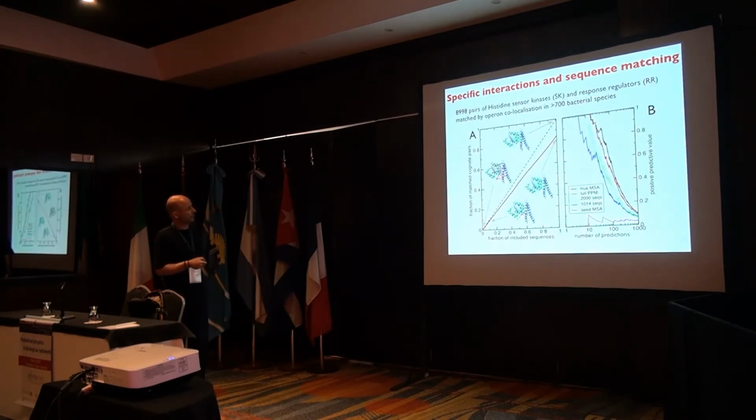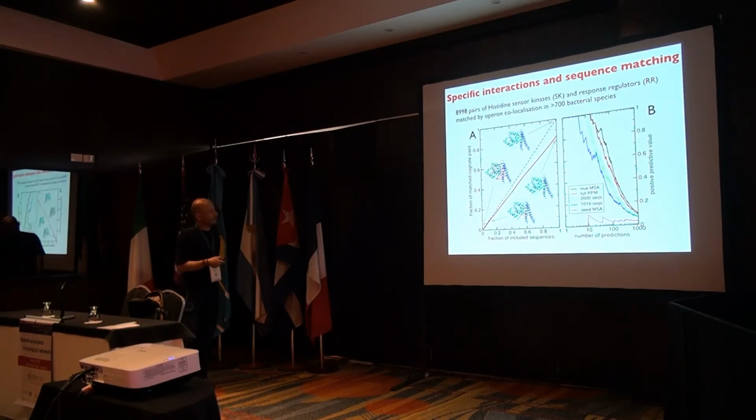Here I've shown one case, which is our preferred study system, histidine sensor kinases and response regulators in bacteria. This curve is the fraction of included sequences. So our algorithm starts here and works until we have matched everything in this progressive procedure.